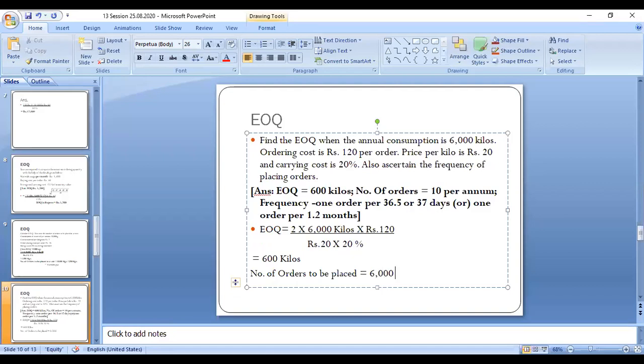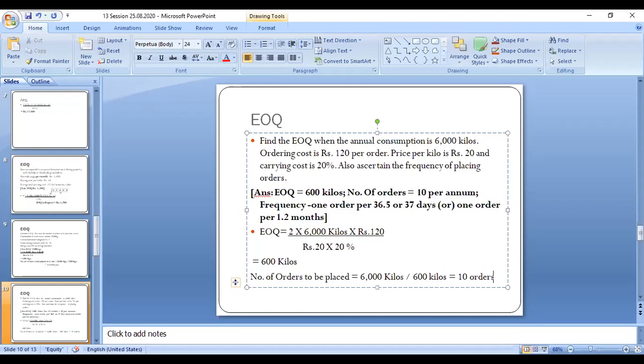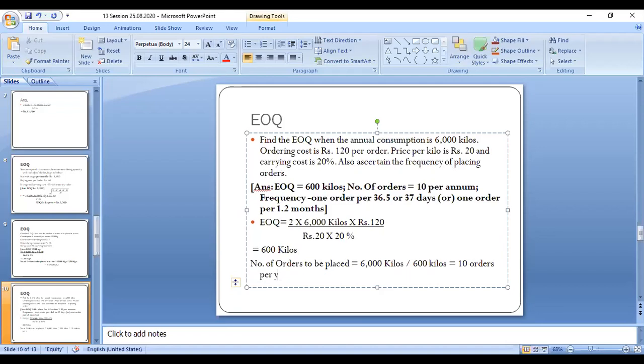So 6,000 kilograms divided by the EOQ, 600 kilograms. What is the number of orders placed in a year? 6,000 divided by 600 is 10 orders per year. So to fulfil the annual requirements, every year 10 orders are to be placed.